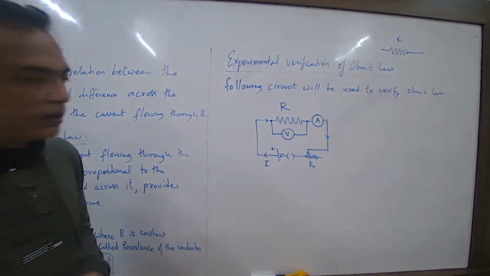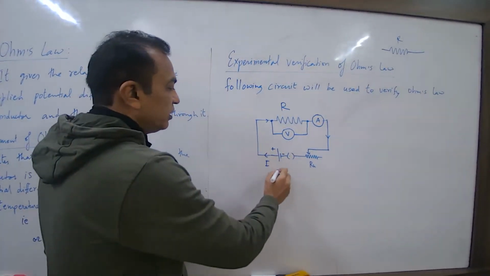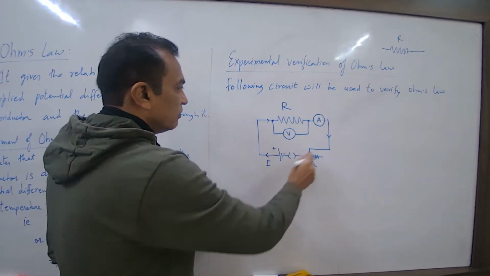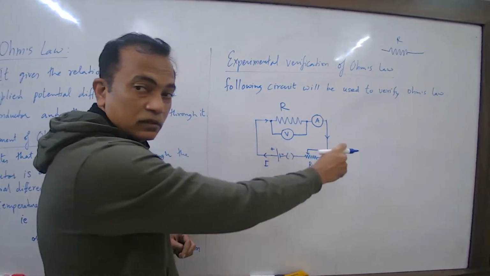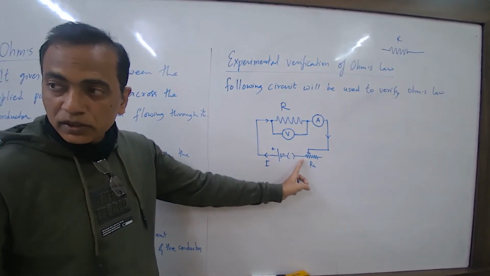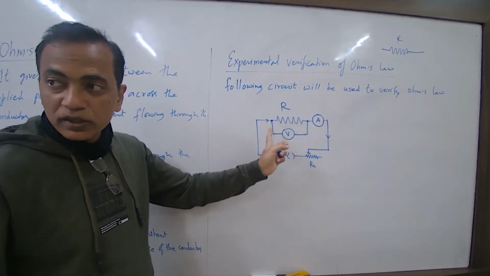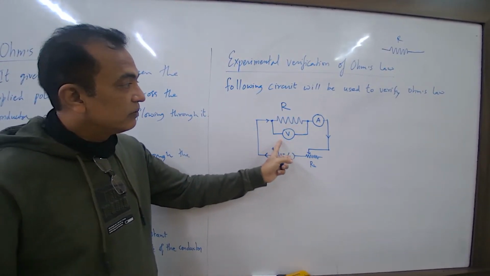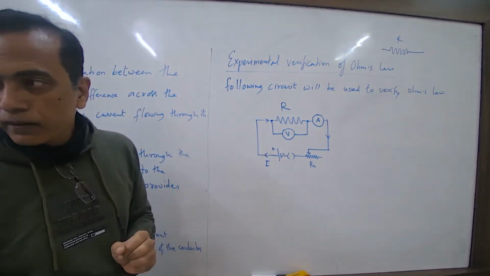Is it clear? How will we vary the potential difference? By moving this. Using this, I am controlling the current flow through the resistance, and then you will see that the values here are changing.